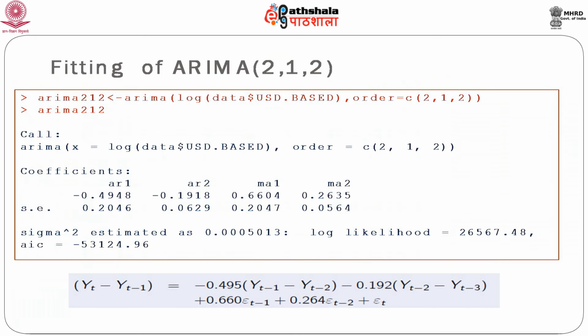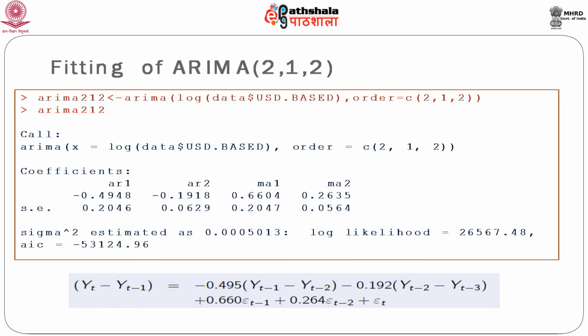That is stored as arima212, and if you just want to display it, just type arima212. That will give you the results of ARIMA, that is 2 AR components and 2 moving average components, and the sigma square is also given.